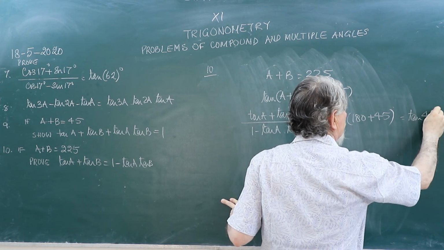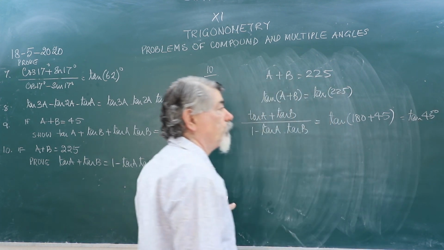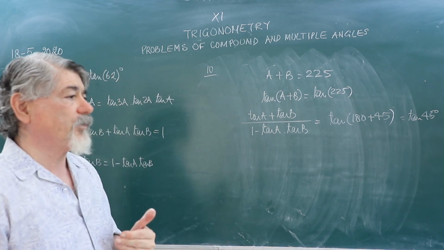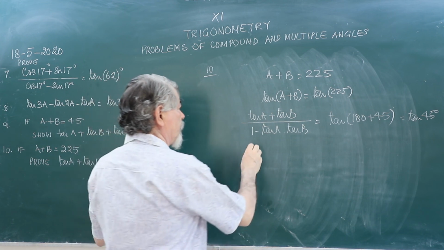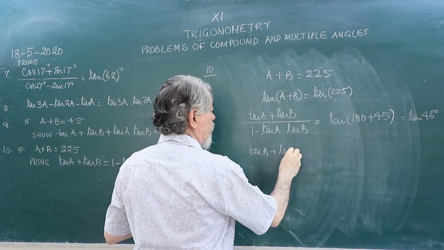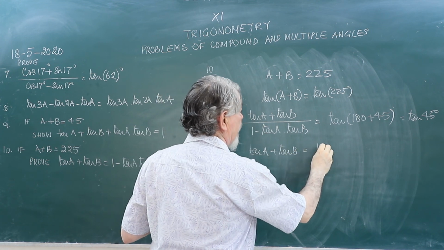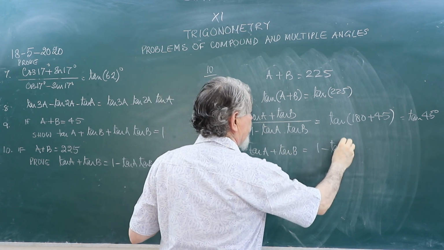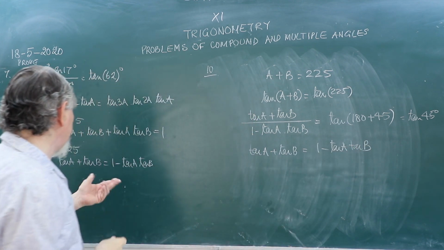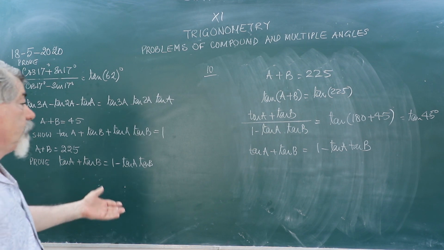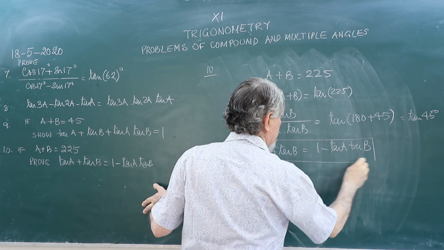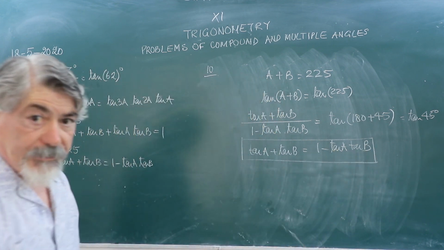We told you along the 180-degree line, no change: tan remains tan, cos remains cos, sin remains sin. So tan a plus tan b will be equal to 1 minus tan a tan b, because tan 45 is 1. And again we can transfer, or he wants it in this form only, prove this. So this is the question.